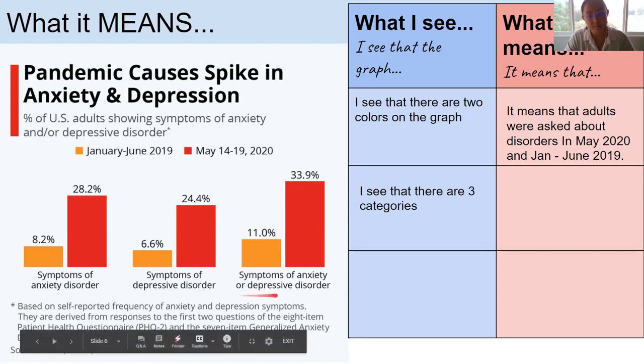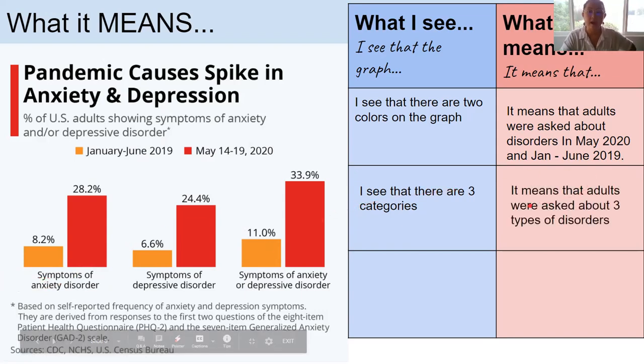So you see symptoms of anxiety or depressive disorder, symptoms of depressive disorder, and symptoms of anxiety, right? So there's 3 different categories. So it means that adults were asked about 3 types of disorders, right? And that's significant in this graph to understand the data that's being presented.